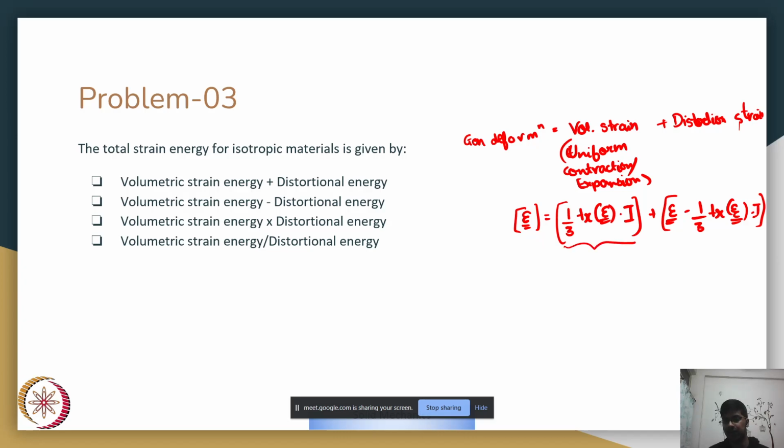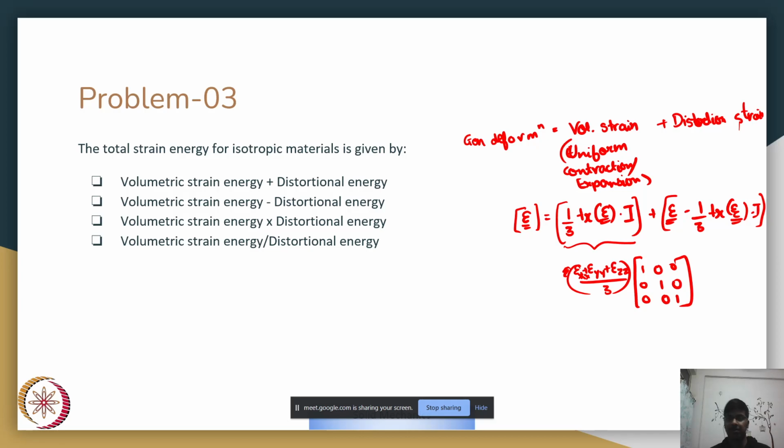The first one is a diagonal matrix which has the terms epsilon xx plus epsilon yy plus epsilon zz by 3 times the identity matrix 1 0 0, 0 1 0, 0 0 1.